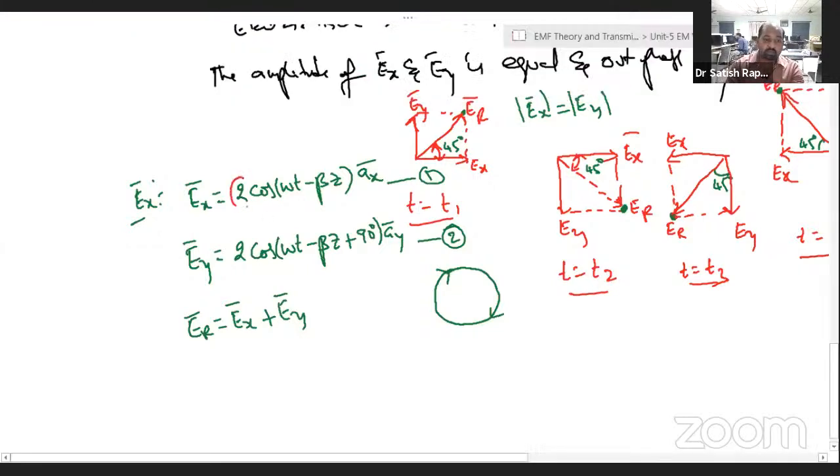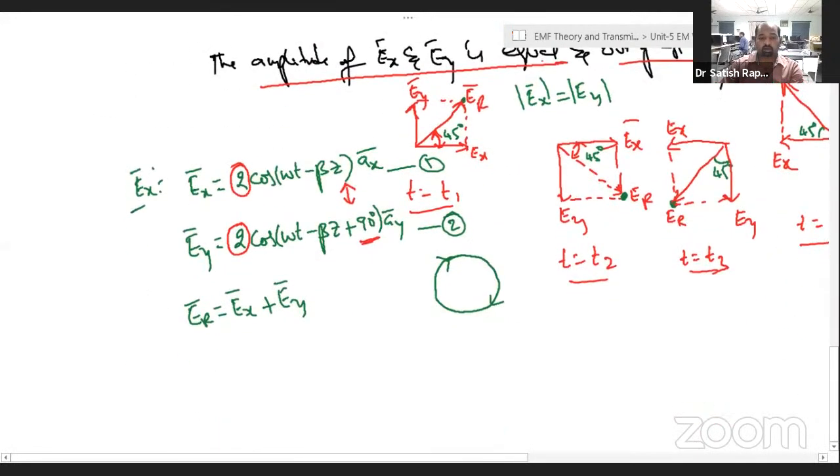What is the amplitude here? 2, and here? 2. Amplitudes of Ex and Ey are equal, and the phase difference between these two is 90 degrees, right? So they are out of phase by 90 degrees. Then the electric field is circularly polarized.